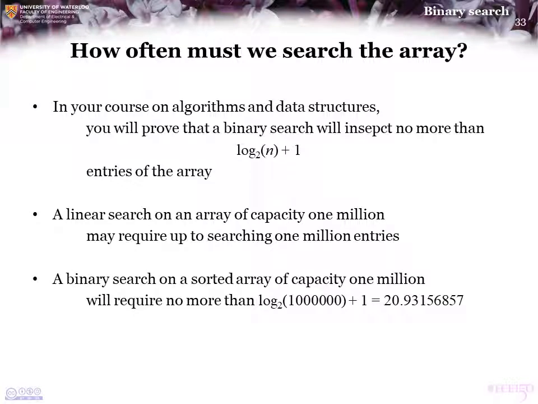A binary search on a sorted array of capacity 1 million will require you to perform no more than log base 2 of a million plus 1 inspections, which is 20.9, and so therefore you are required to inspect no more than 20 entries of the array before you are guaranteed that you know whether or not that value is in the array or not, and if it is in the array, you will know which index it is in.